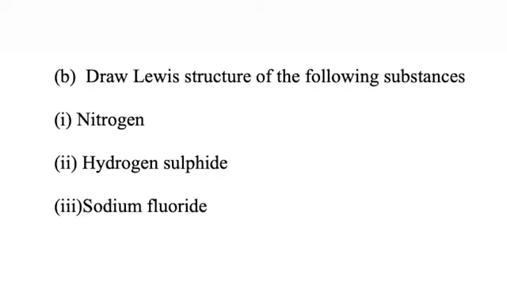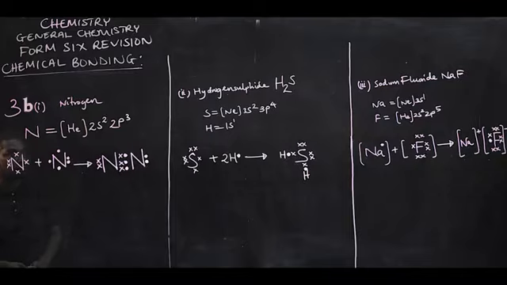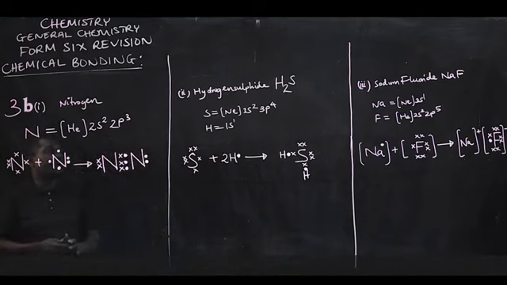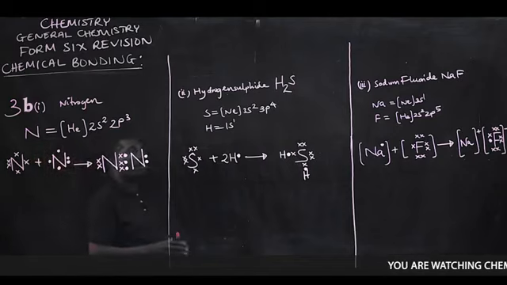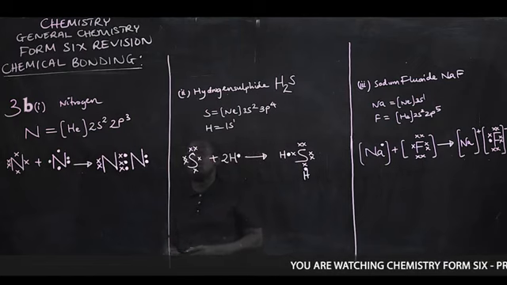So before solving this question, we are supposed to know that a chemical bond is an interaction process which results in association of atoms or ions to form molecules or compounds.